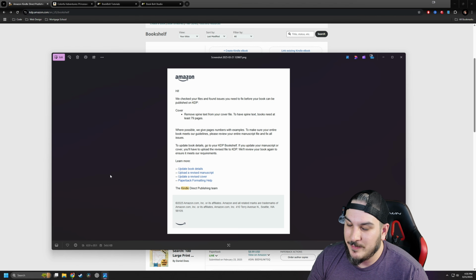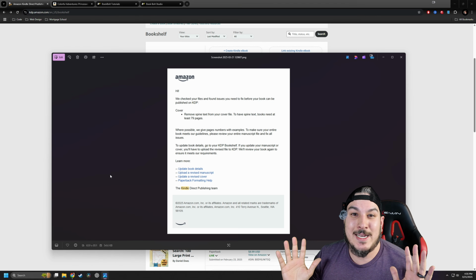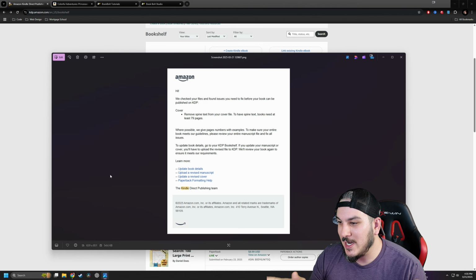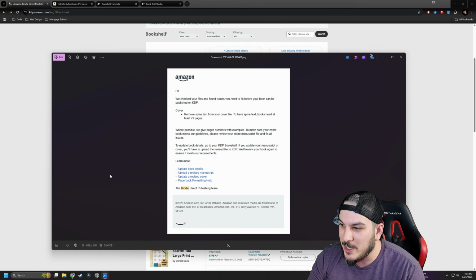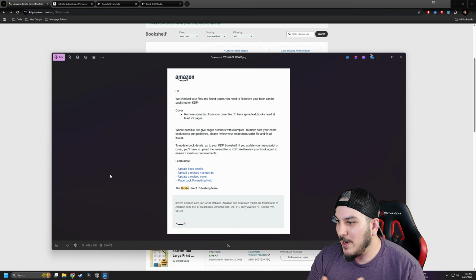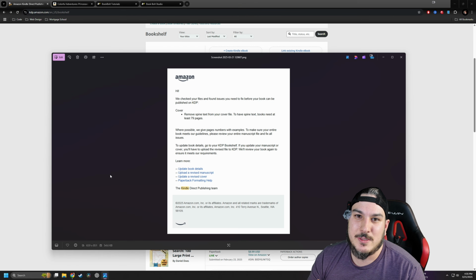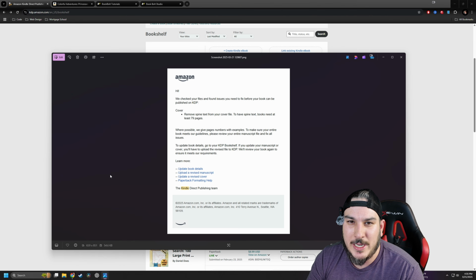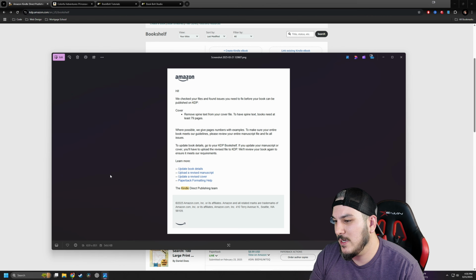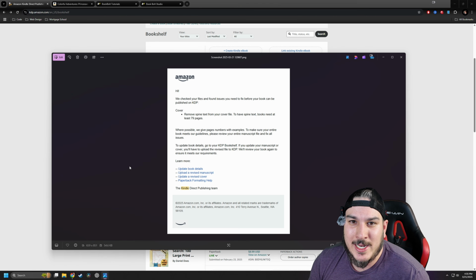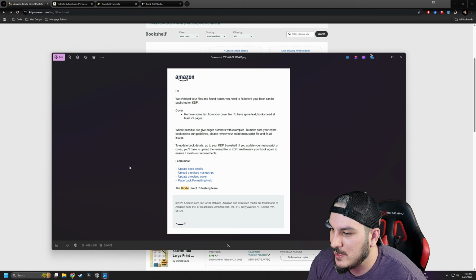And apparently, I don't know why they didn't catch this the first time, but the second time they caught this, and it says, remove spine text from your cover file. To have spine text, books need to at least be 79 pages long. And this book is, I think, 70 pages long. So I don't know why they didn't spot that the first time I sent this to them.